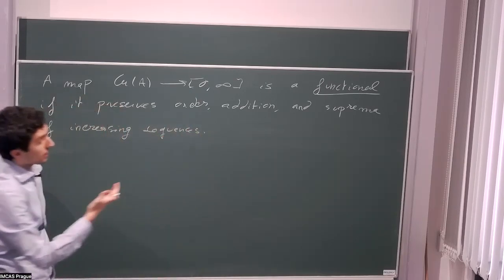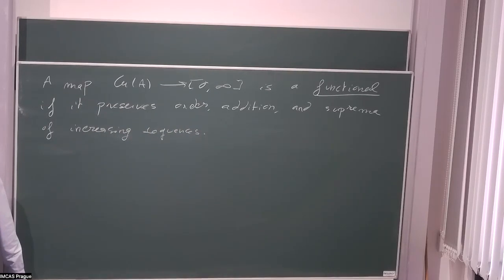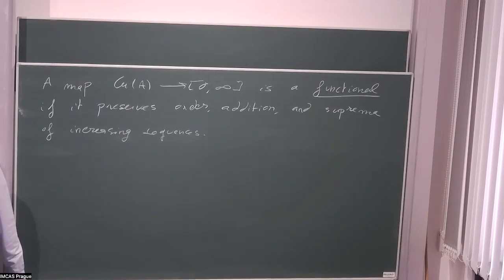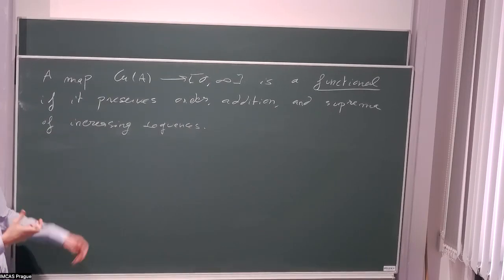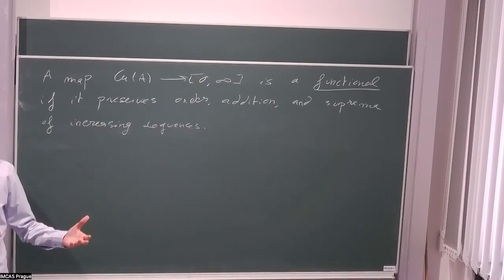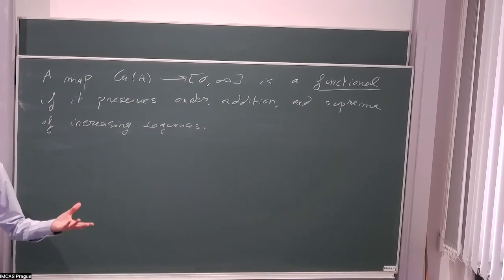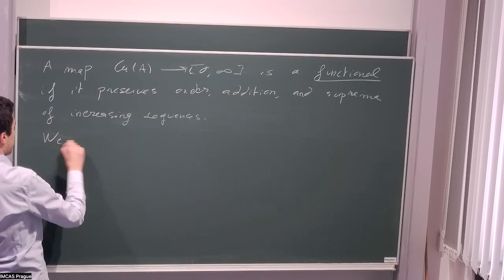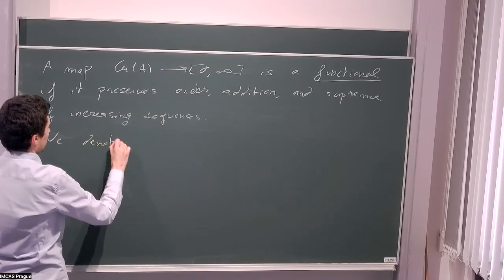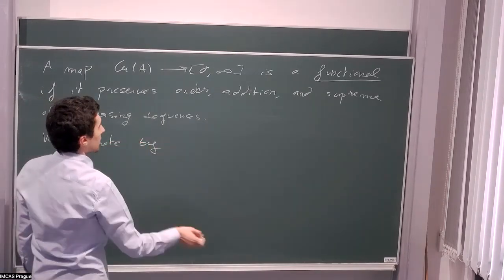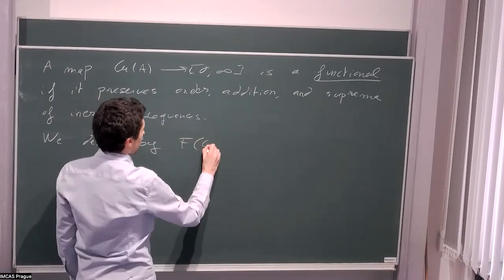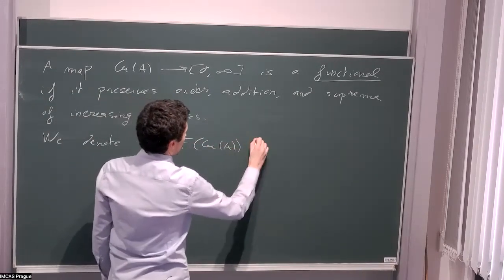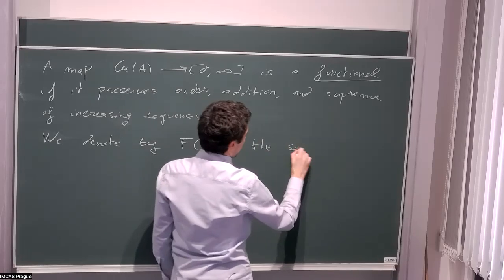So just like one has a notion of functional for vector spaces, this is the notion of a functional for a Cuntz semigroup. And as I said, the set of all functionals is not a Cuntz semigroup, but still we think of it as the dual of the Cuntz semigroup. And so we denote by F(Cu(A)) the set of functionals.